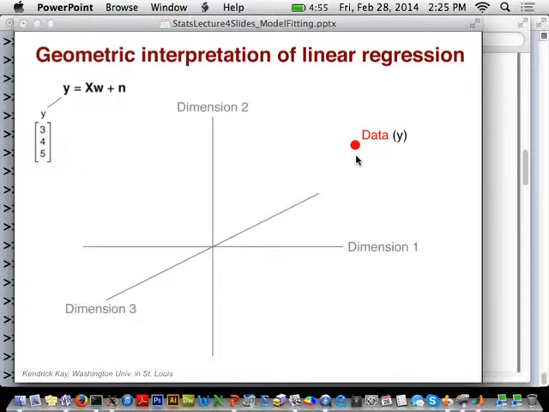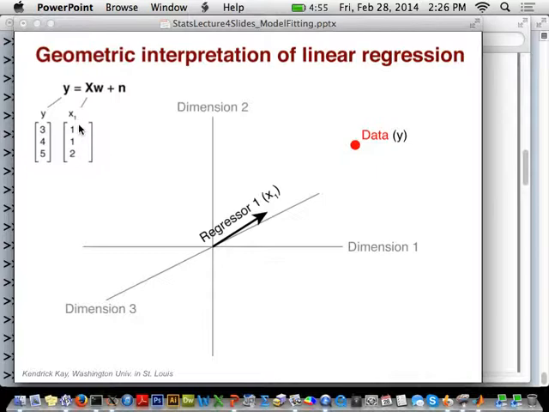Okay, so that data point's there, and we're trying to model these data, and we have this linear model. And so I'm going to start filling in the rest of this equation. So the X matrix is a matrix that consists of multiple columns, one column per regressor. And suppose one of the regressors, or one of the things we're using to explain our data, has the values 1, 1, 2.